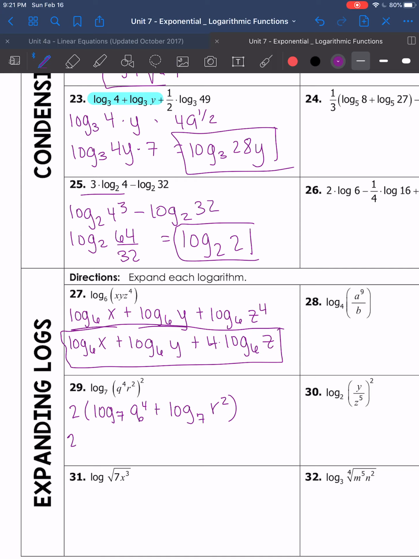So I have 2 times the quantity of 4 log base 7 q plus 2 log base 7 r. So then I get 8 log base 7 q plus 4 log base 7 r.